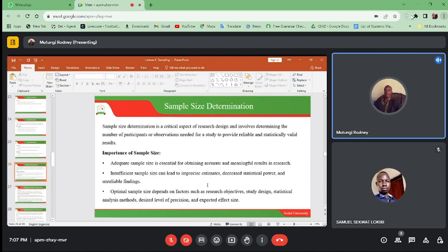Okay, so we realize that optimal sample size depends on factors like research objectives, study design, statistical analysis methods, desired level of precision, and expected effect size. So all these factors come together to make you get a very optimal or well defined sample. Okay, those research objectives, how the study is designed, is it cross sectional, is it longitudinal?